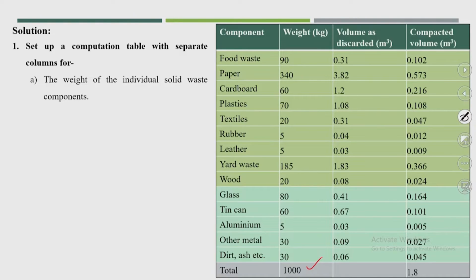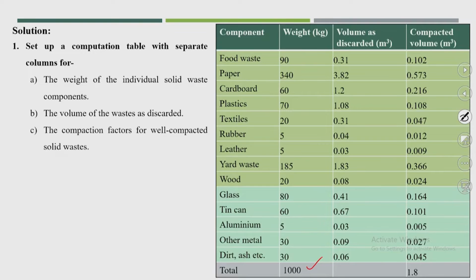You can go for 10,000, 1 lakh or 10 lakhs also, or you can put it as 1. This is the total weight, and based on that we calculate the volume, and after that we multiply by the compaction factor.